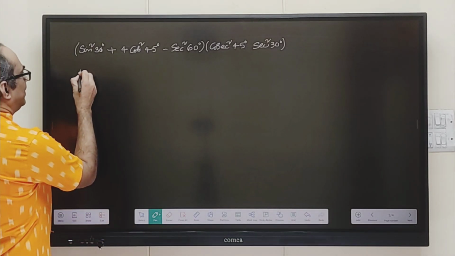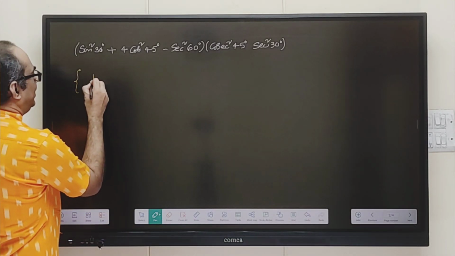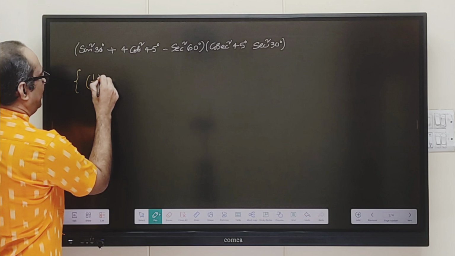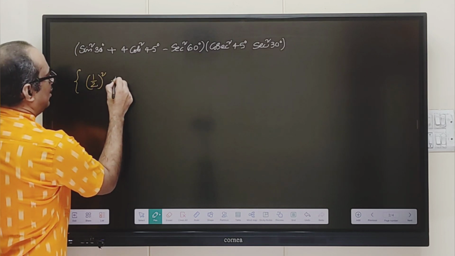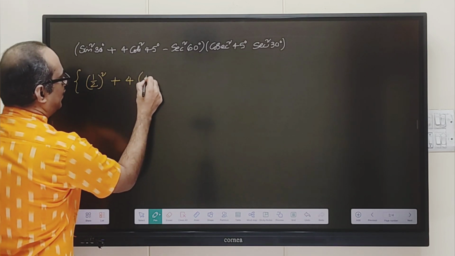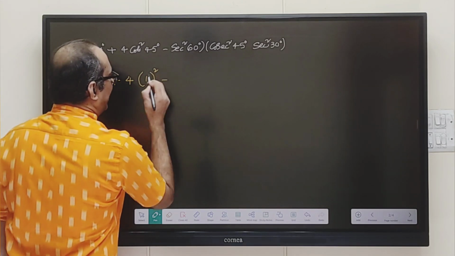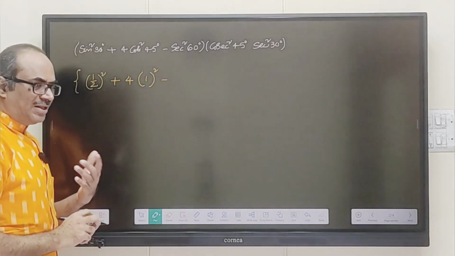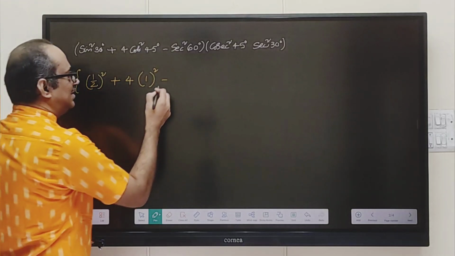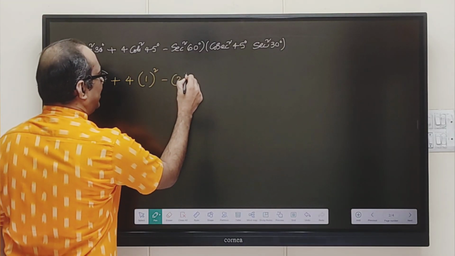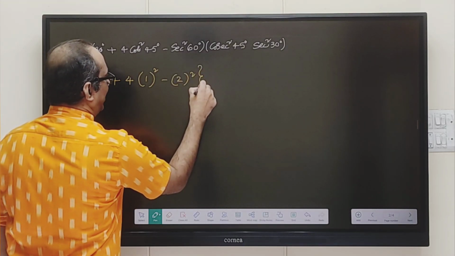What is sine square 30? Sine square 30 is 1 by 2 whole square because sine 30 is 1 by 2, plus 4 into cot square 45. Cot 45 is 1, so 4 into 1 square, minus secant square 60. What is cos 60? 1 by 2. Secant 60 is 2. So secant square 60 is 2 square.